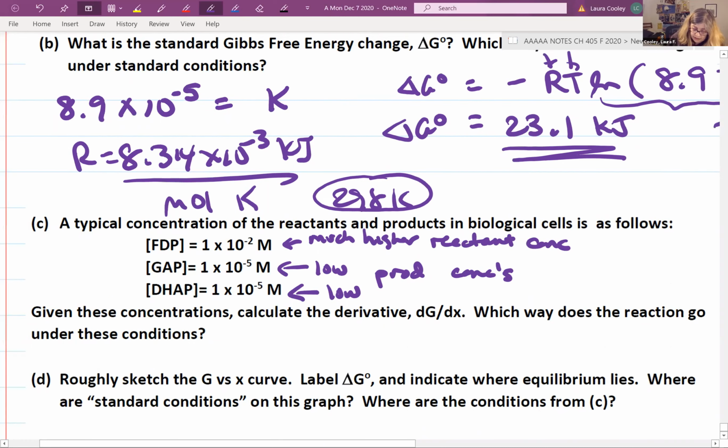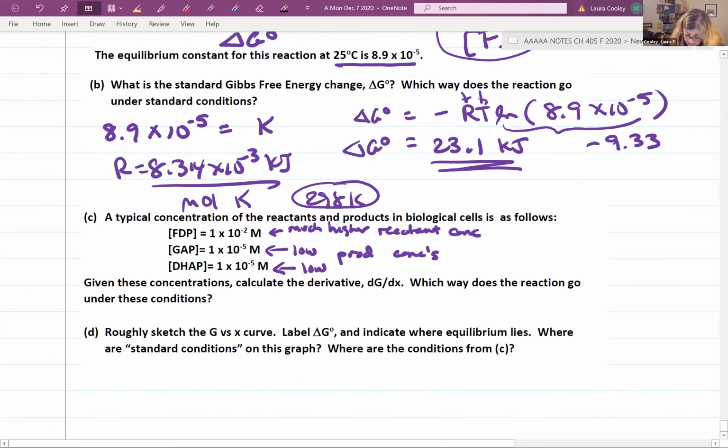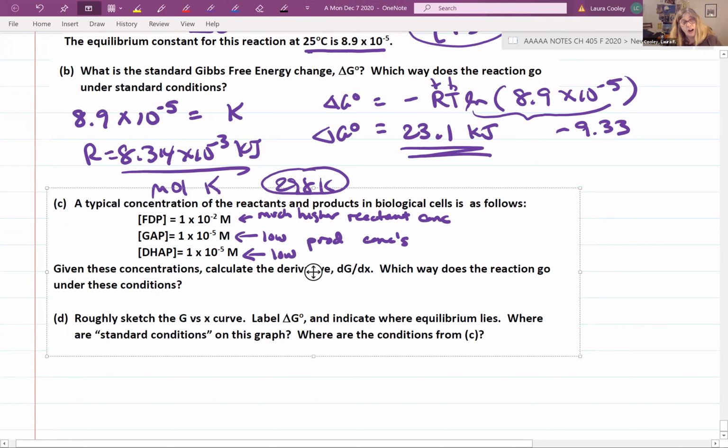Cells are really good at controlling the direction of a reaction by controlling the concentration of all those chemical species in that reaction, so that it can drive a reaction forward, even if a delta G is negative, or backward, even if it's the wrong sign.